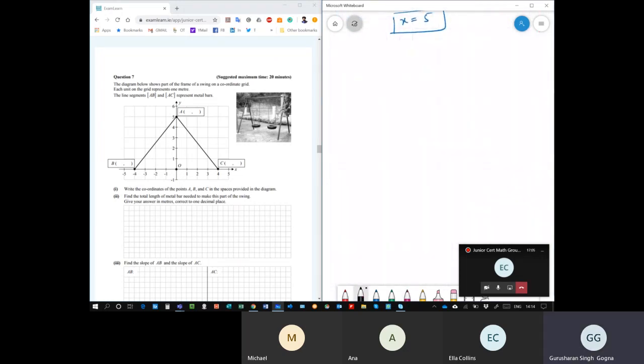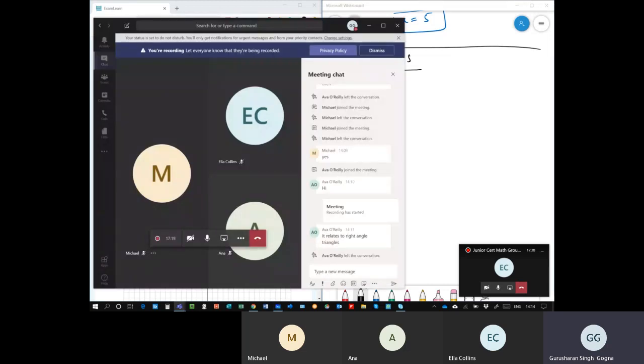The next important thing in trigonometry is called trig ratios. Now, what do you mean by ratios? Any idea? Why we use ratios? What's the use of ratio?